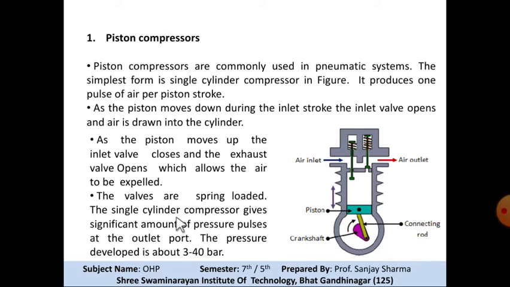Thereafter, when the piston moves upward from BDC to TDC, the inlet valve is closed and the air is compressed. As the delivery valve is spring loaded, when it reaches a particular pressure the valve will lift and the air will be delivered to the separator and from the separator to the receiver, or through the cooler, the intercooler. The pressure developed is about 3 to 40 bar depending on the capacity and range of the compressor used.